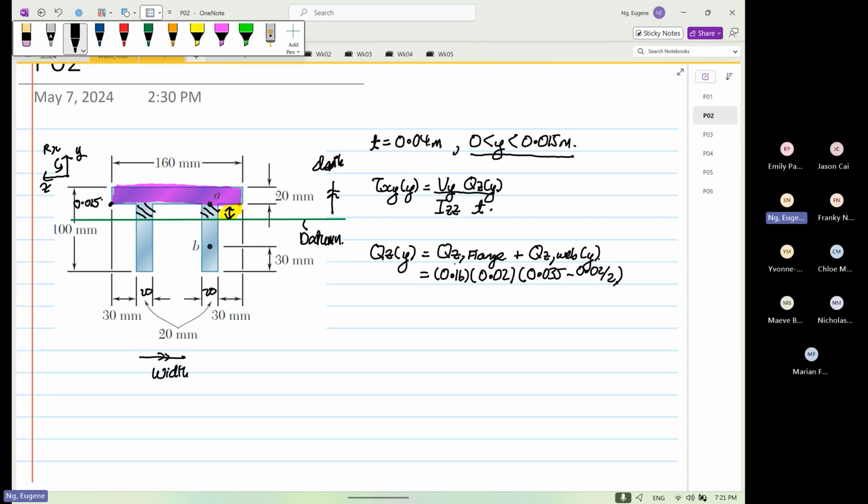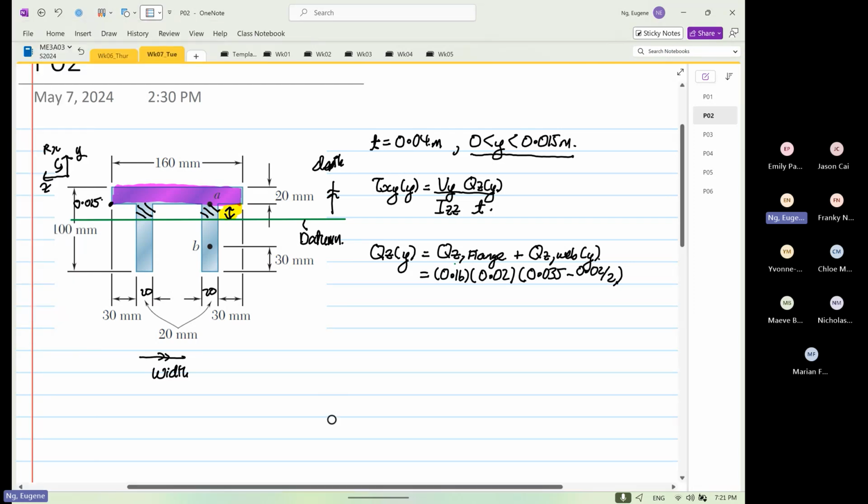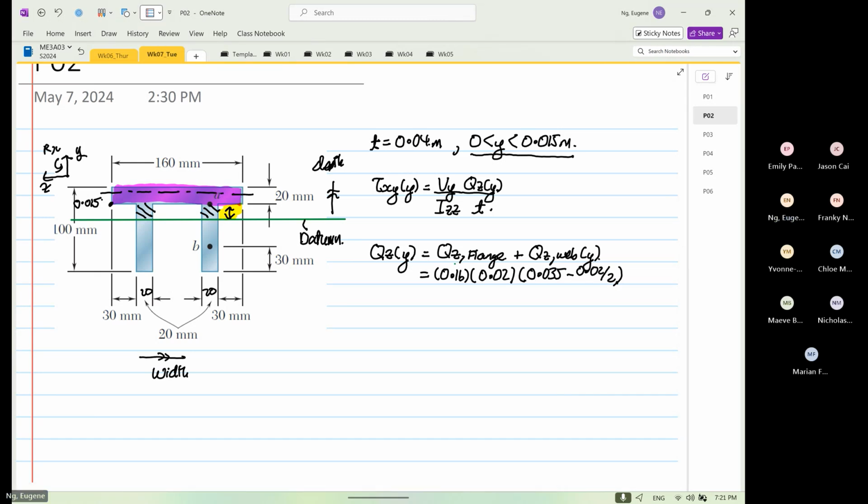And why that is the case is because we know that this is the centroid for the pink section, and the distance from here to here is 0.02 divided by 2. Okay, so we want to find the y bar for this distance over here, okay, for the flange.